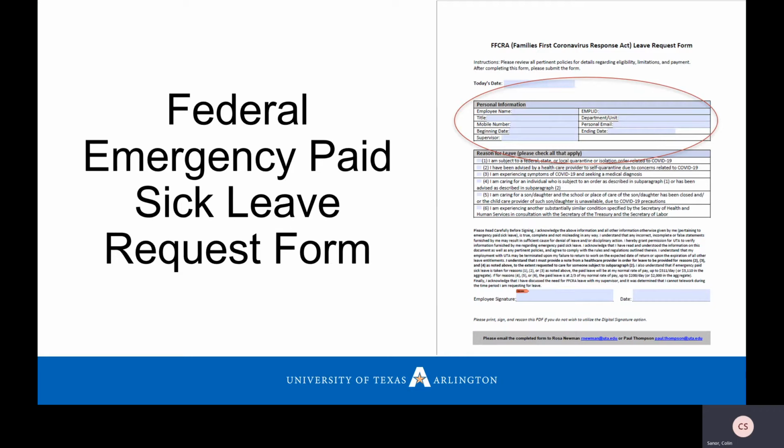The earliest beginning date for this federal policy is April 1st, 2020, and the latest ending date for the program will be December 31st, 2020. Whenever you are completing this form, you will need to complete it in its entirety and then submit it to our Leave Services group for processing.